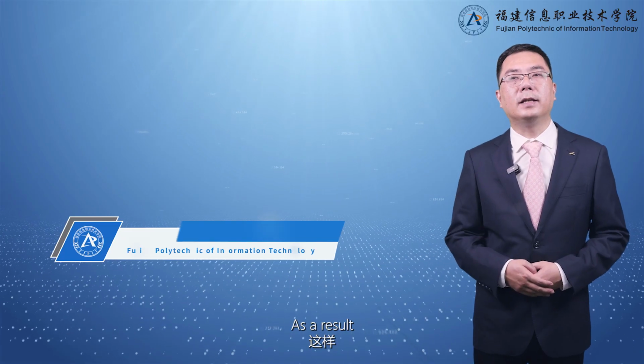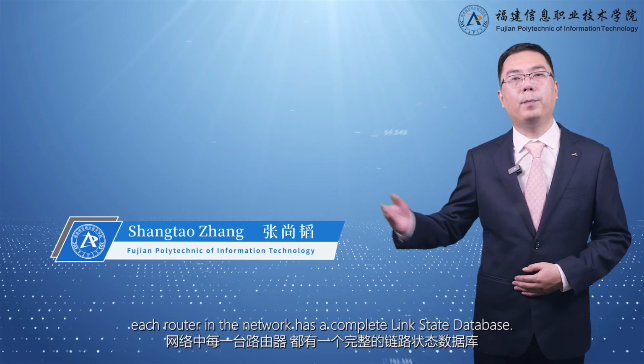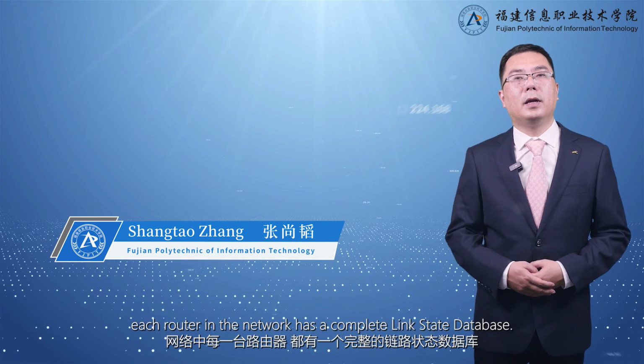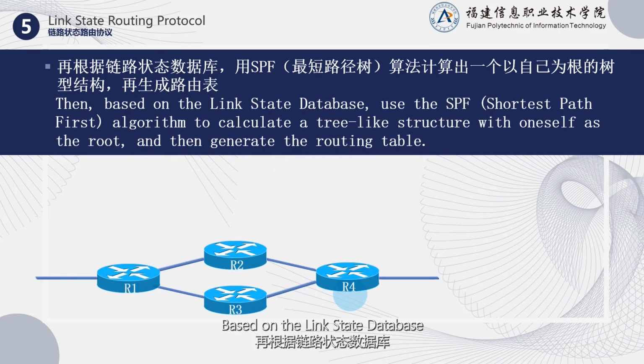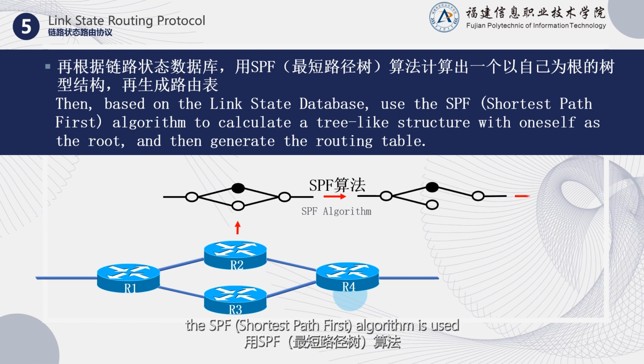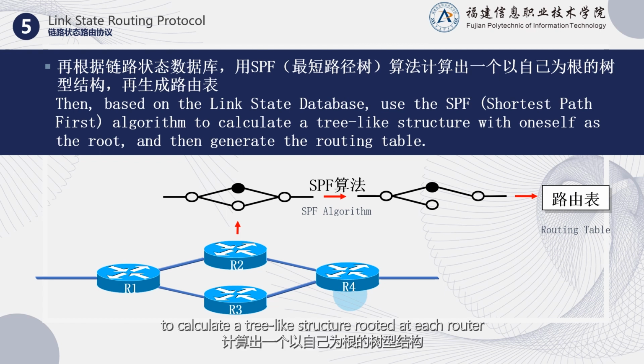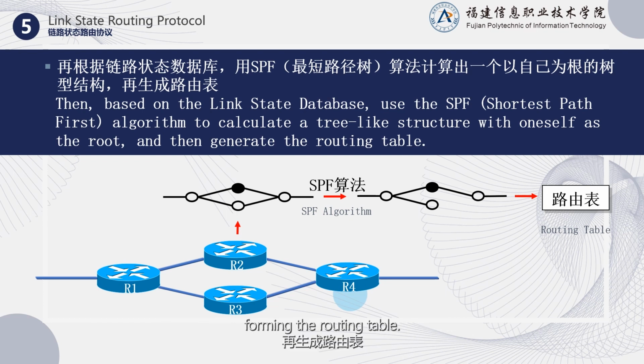As a result, each router in the network has a complete link state database. Based on the link state database, the SPF shortest path first algorithm is used to calculate a tree-like structure rooted at each router, forming the routing table. Here is the content of our class for today.